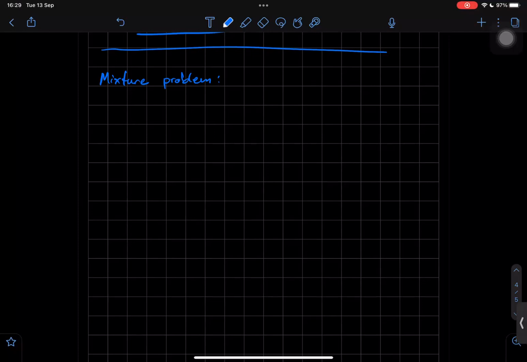So the equation will be in this form, dx/dt equal to in minus out. Okay, so suppose this one is the container, right? In here there is some mixture in it.